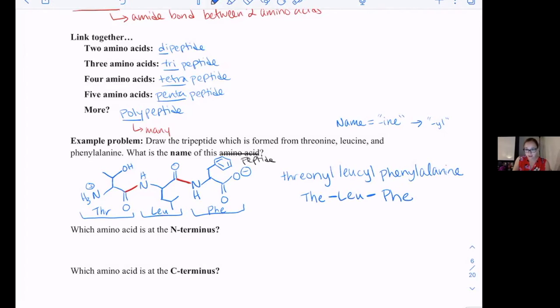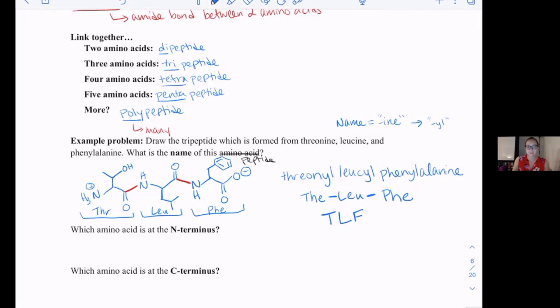And then you put a dash in between to show the peptide bonds. And then lastly, we can also name it technically using our 1-letter abbreviations. And all we would do, threonine, the letter is T, leucine, the letter is L, and phenylalanine, it is F. So the name with the 1-letter abbreviations, you don't put anything in between, you just put TLF, all in capital letters.